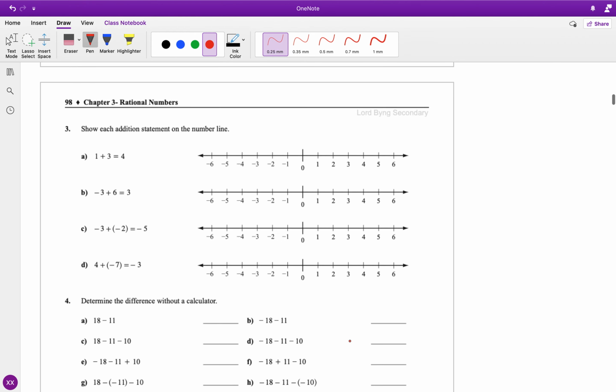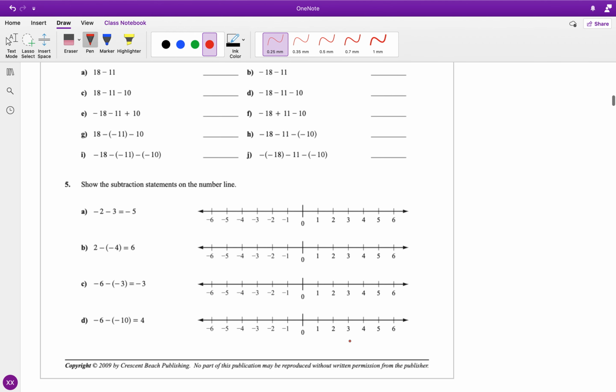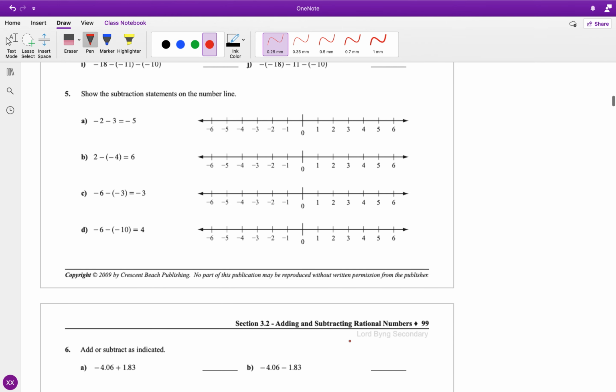Now, subtracting a negative 4 means 2 add on the opposite, which is positive 4. Therefore, that is 6. That's why we also say negative, negative becomes a positive. And that is because of this.